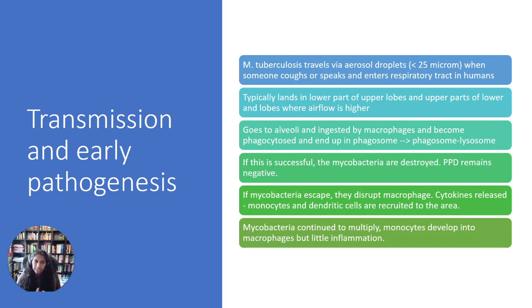The mycobacteria escape the phagosome-lysosome complex and disrupt the macrophage, and then cytokines are released by the macrophage, which recruits monocytes and dendritic cells to the area. Mycobacteria continue to multiply, and these recruited monocytes develop into macrophages, but at this stage there's very little inflammation.